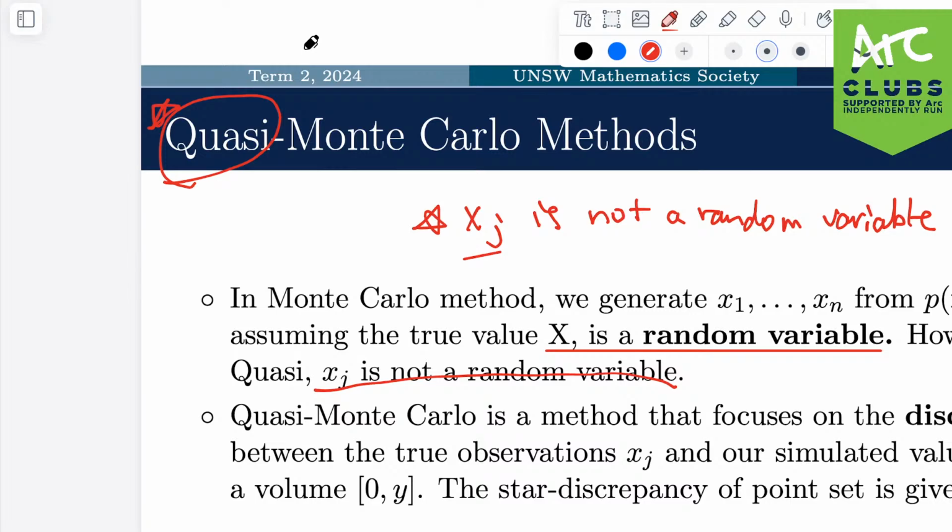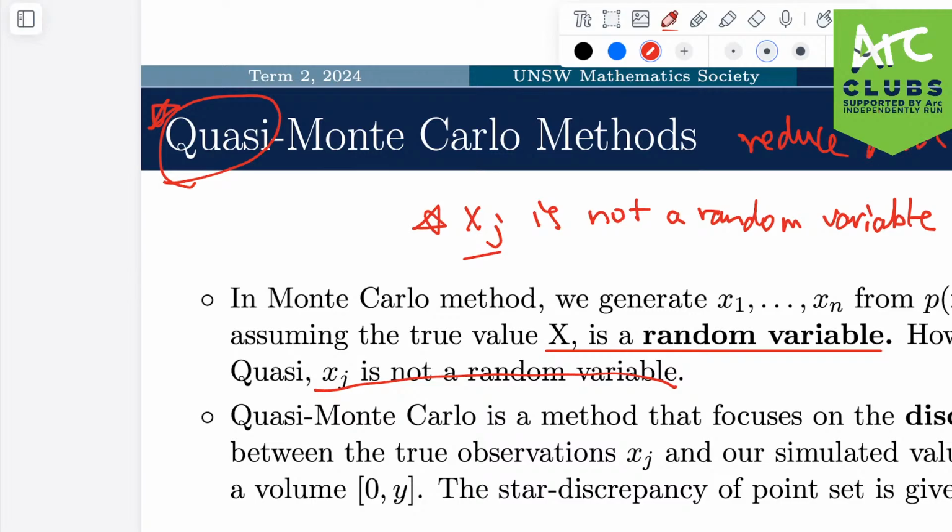I'm not sure. But basically, we already have x1 until xj, right? So in Monte Carlo, we still want to simulate x1 to xj. That's why they are random. But in quasi, we already have x1 to xj. So for the quasi-Monte Carlo method, the end goal is actually to reduce the discrepancy in our simulation.